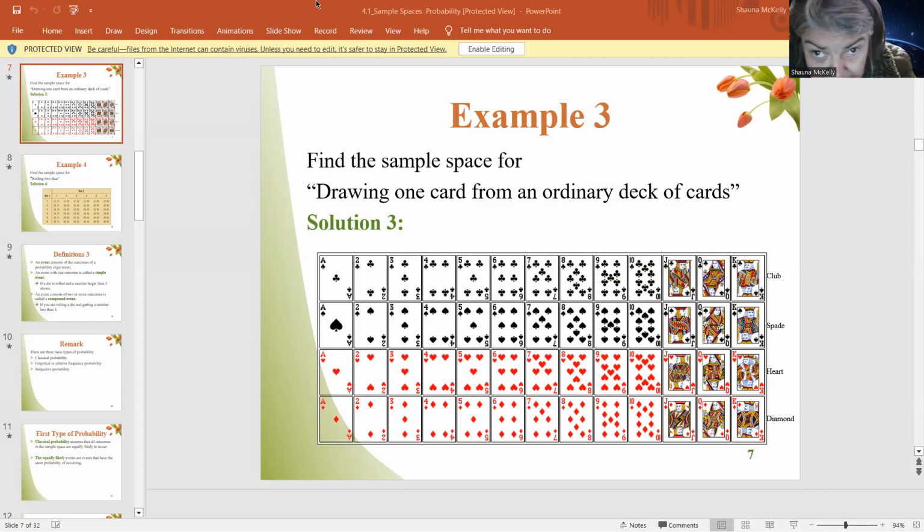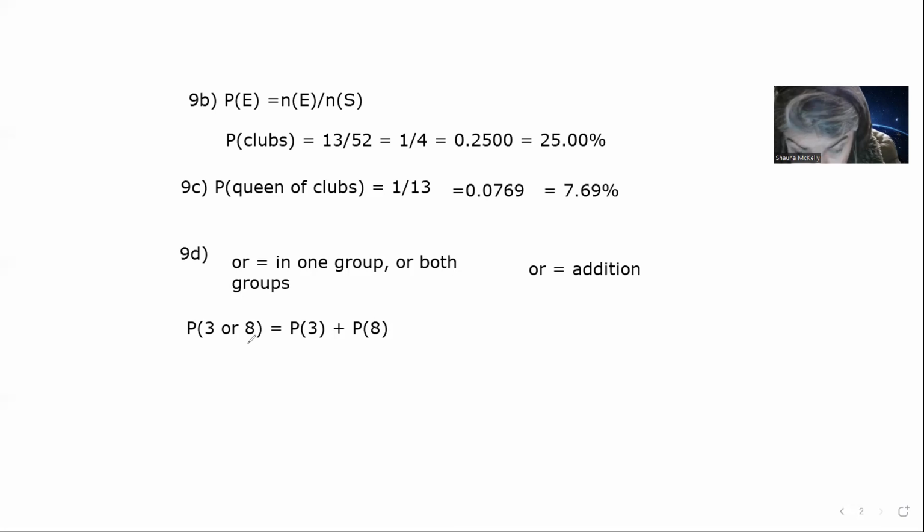So we're going to go here and say, all right, this means that I'm going to write this. The probability of 3 or 8 is equal to 4 out of 52 plus another 4 out of 52, different 4 cards, but still 4 cards, right?